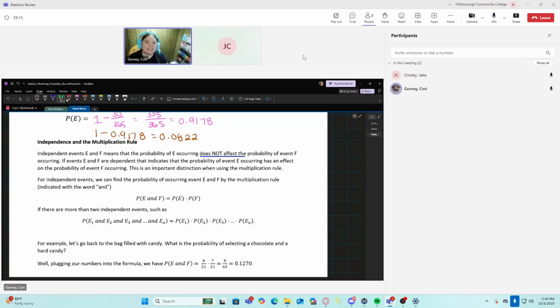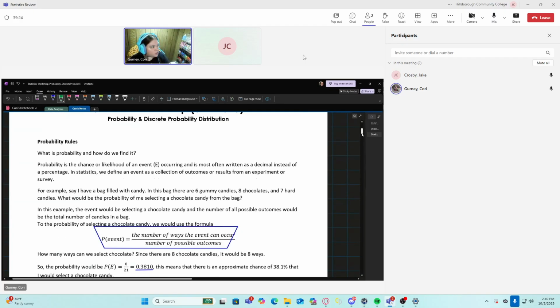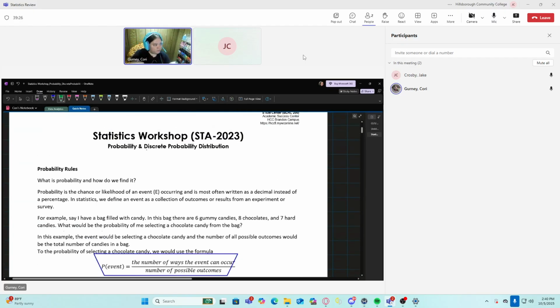In statistics, we use set examples. The other reason is this word that we use here, discrete. Very rarely do you ever get a probability that is not discrete. And the reason is we're looking at set sample sizes.